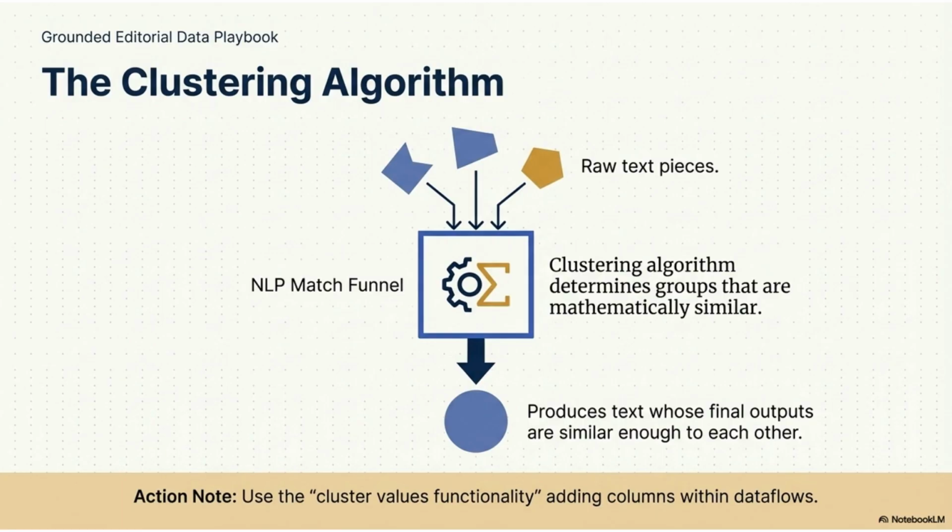This helps customer segmentation, behavior analysis, and pattern discovery. Instead of guessing, we let the algorithm find the hidden structure. So here in clustering, raw text pieces will be there. Then NLP, using natural language processing, will match them, and the final output will be similar items grouped to each other.